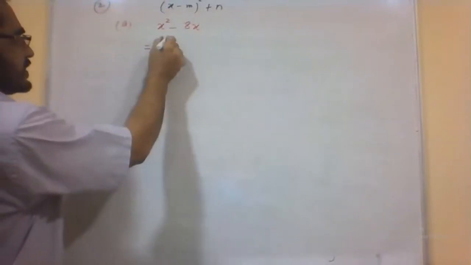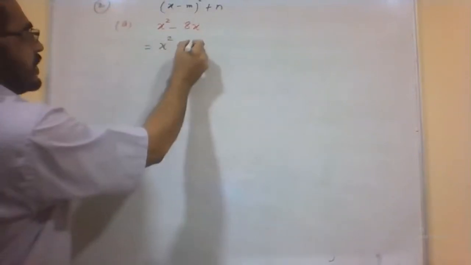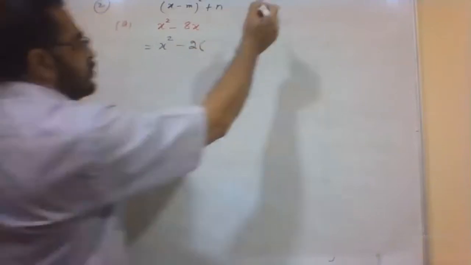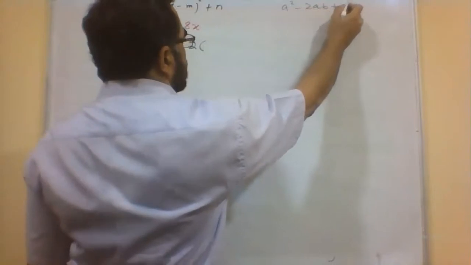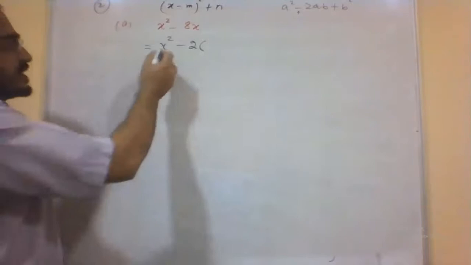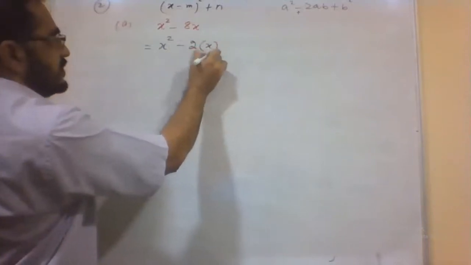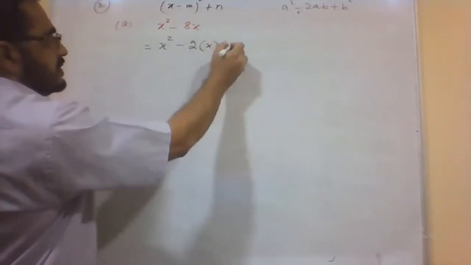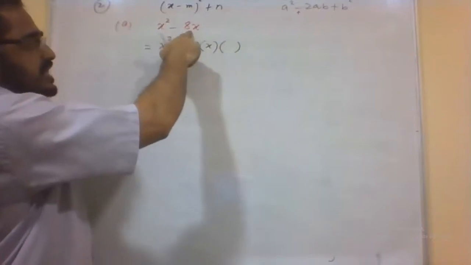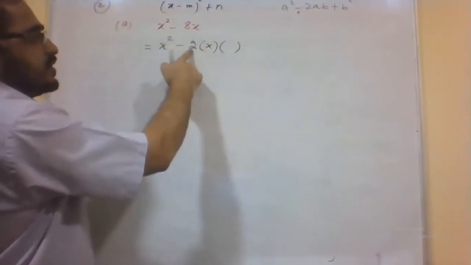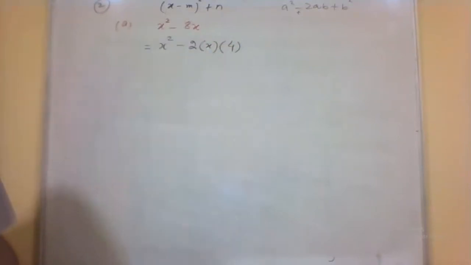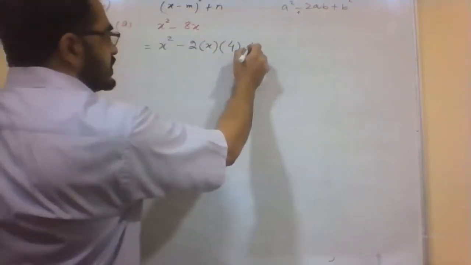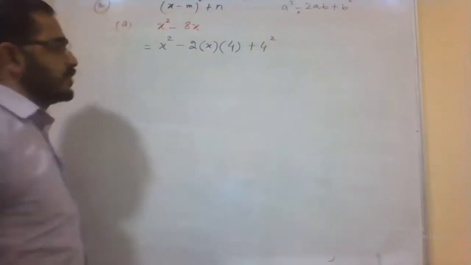The formula you know: a square minus 2ab plus b square, or a square plus 2ab plus b square. A square is x square, minus 2 into a, already we have taken x. B, what we will take here? We need 8x, 2 is already here. If we take b as 4, then 4 twos are 8x, and b square means 4 square.